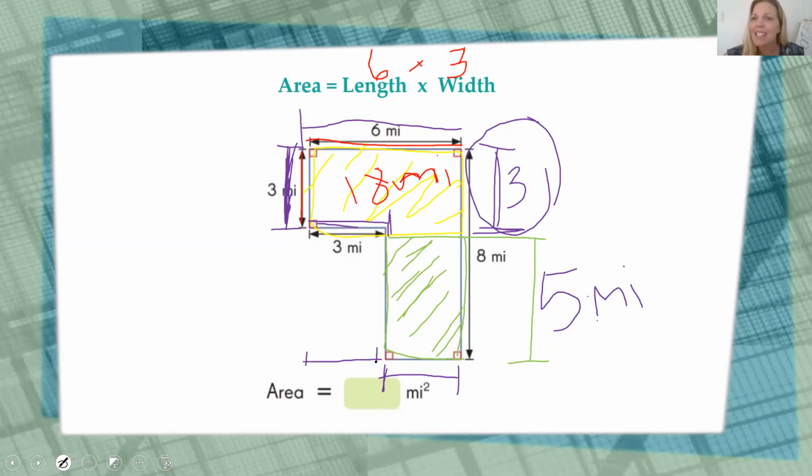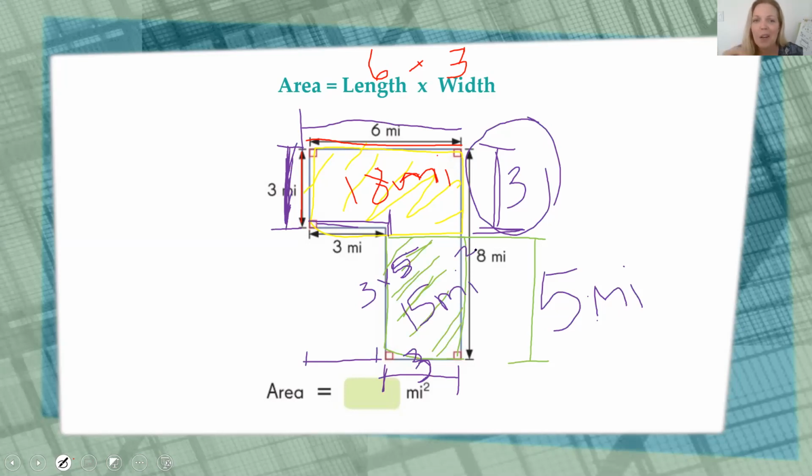So 6 minus 3 gives me 3. Now, going back to my formula for area, to solve for this green rectangle it would be 3 times 5, which gives us 15 miles squared.